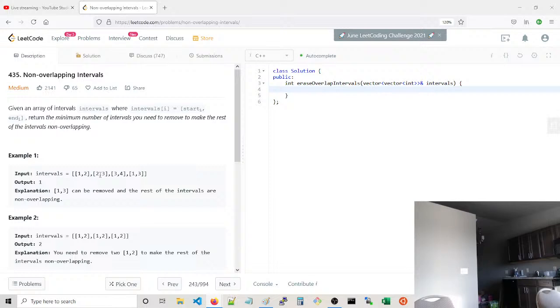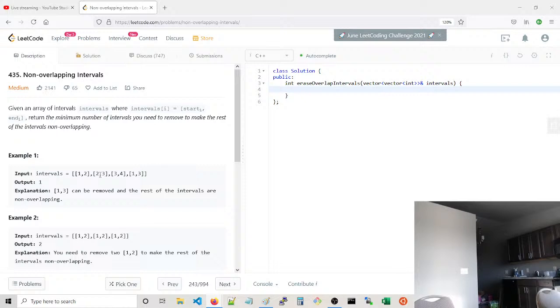Ultimately, what we're looking for is to remove nodes from the graph such that all of the nodes don't have any edges, right?